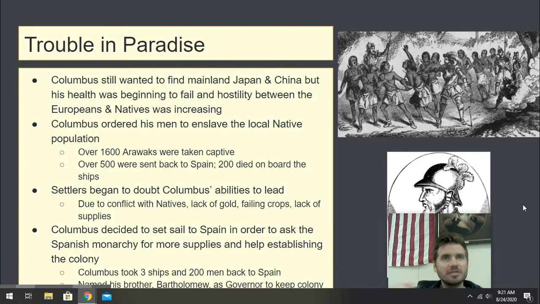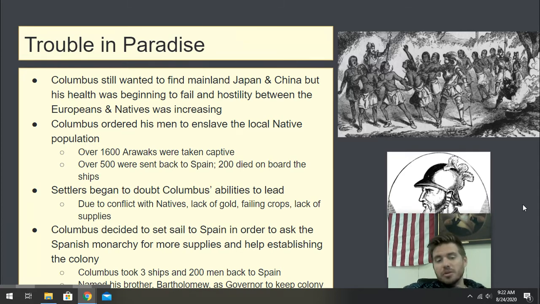So again, much like we saw on the first journey, as time goes on they become more and more weary of Columbus actually being this leader and this great admiral, and we start to see an attempted mutiny almost, until Columbus decides to set sail back to Spain in order to ask the Spanish monarchy for more supplies.